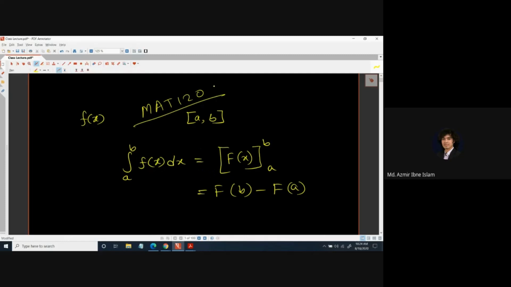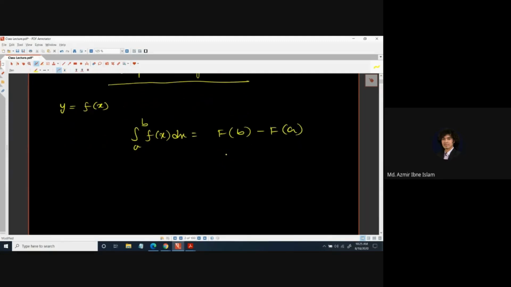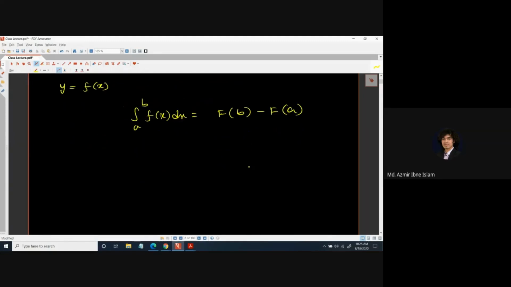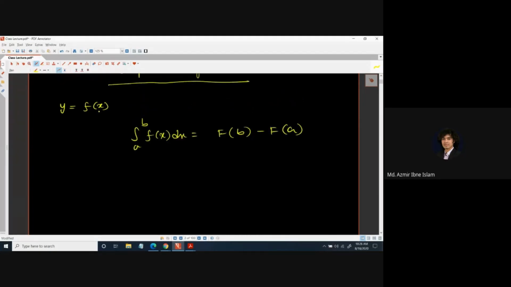So this concept is again helpful here because we are going to start complex integration, or we can say complex integrals. It has another common name, contour integrals. In complex integrals you will see some patterns. You can see here we have y equal to f of x, where both x and y are real variables.